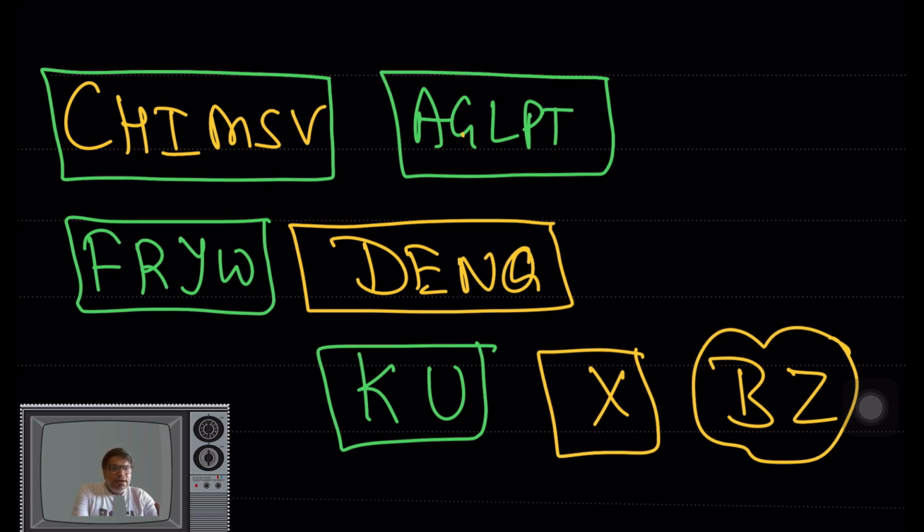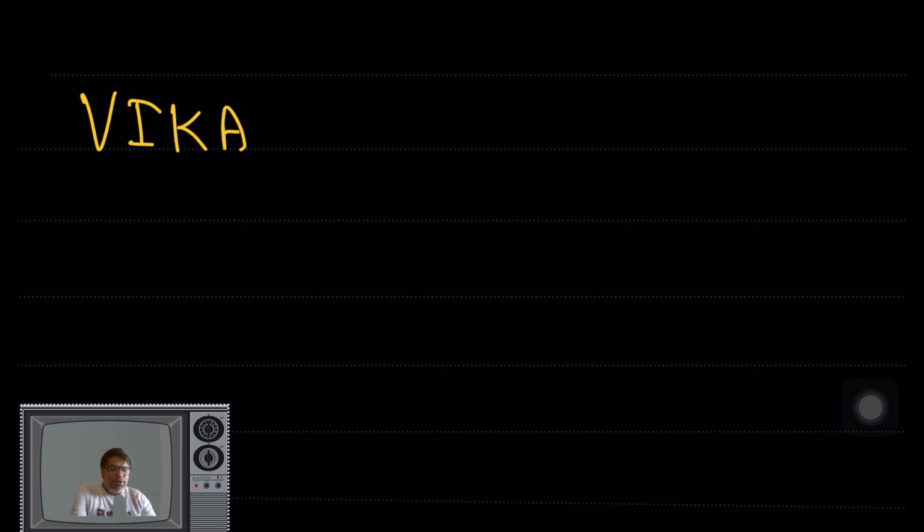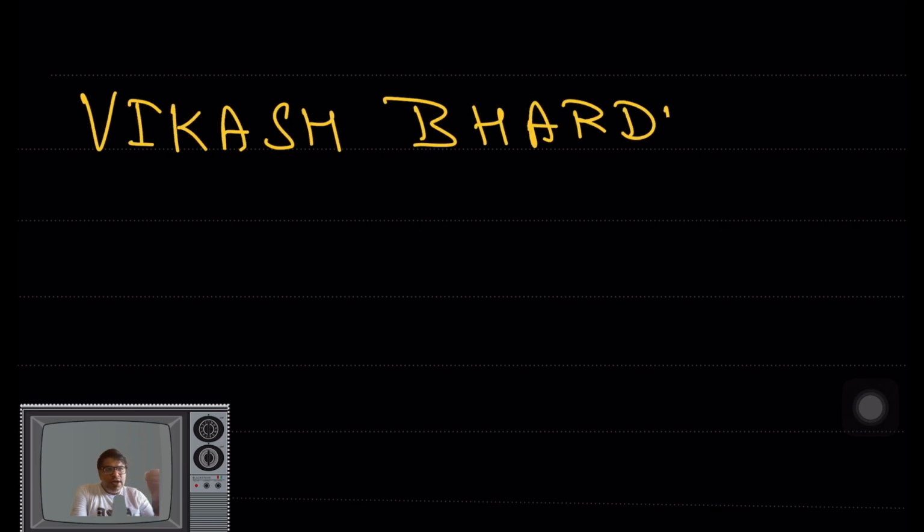Here at the last, hopefully you know my name. My name is Vikash Bhardwaj. Can you predict? Try to predict the amino acids from my name. How are you going to do this? J? No. Remember, the letters J and O have not been assigned to any amino acid.